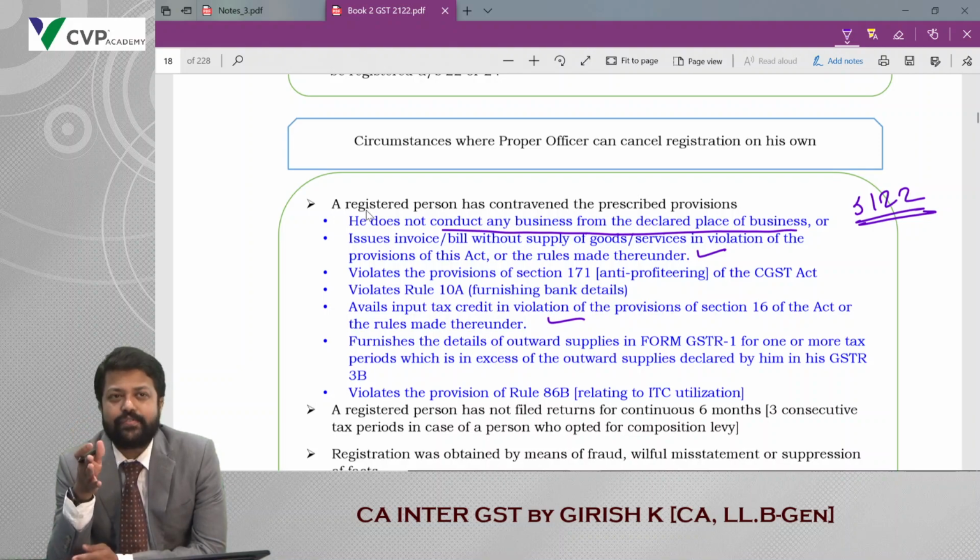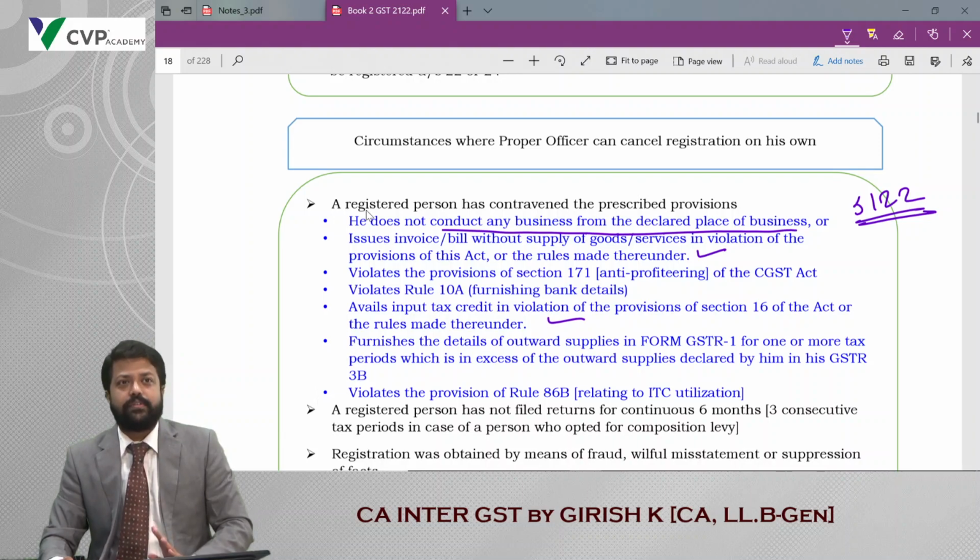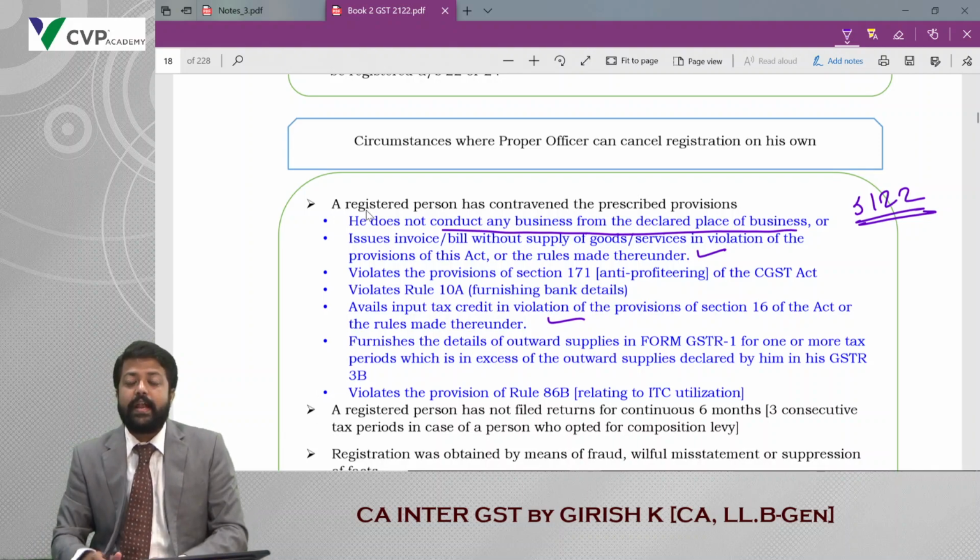One application was given for revocation of cancellation, and the authorities started verifying the input tax credit, whether it is appropriate, whether there is a matching, etc., at the time of revocation of cancellation. The Madras High Court said that assessing the input tax credit at this time is very, very inappropriate.